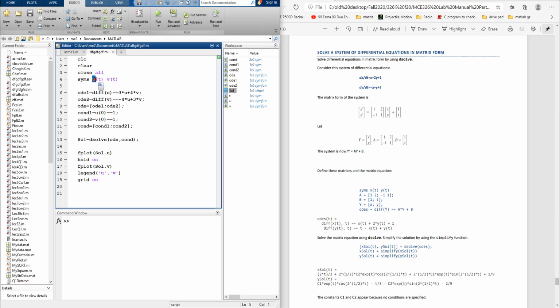Here we say that we have x and we have y, and both of them are functions of t. Okay, we can say that Y capital is a vector of x, semicolon y, each one in a row.